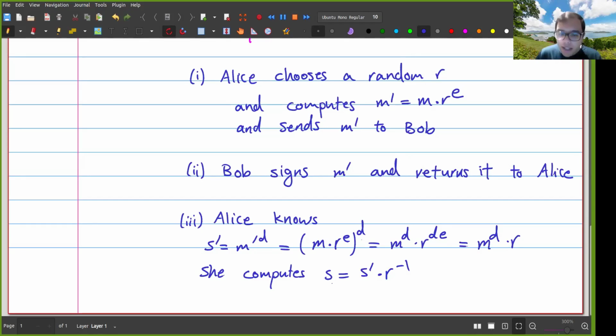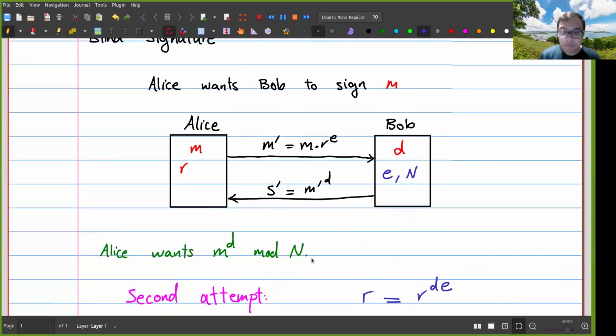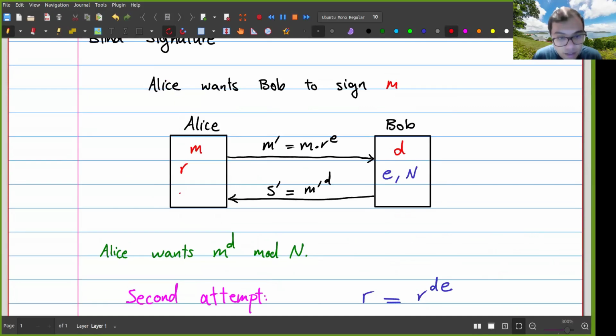So my S becomes S prime times R inverse, and since S prime is M to the power of D times R, this is M to the power of D times R times R inverse, which is just M to the power of D, which is exactly what I wanted. I wanted a signature on M, and M to the power of D is a signature on M. So after this happens, Alice can calculate S, which is M to the power of D.